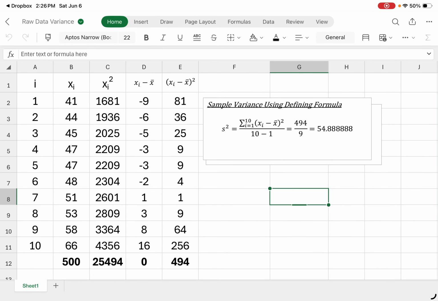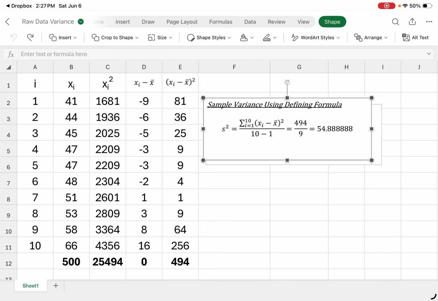And then continuing, column E has the difference of the data value xi and x bar, and then that difference squared. And the sum of that column E is one of the primary numbers that we will need in order to use the definition of the sample variance to calculate.